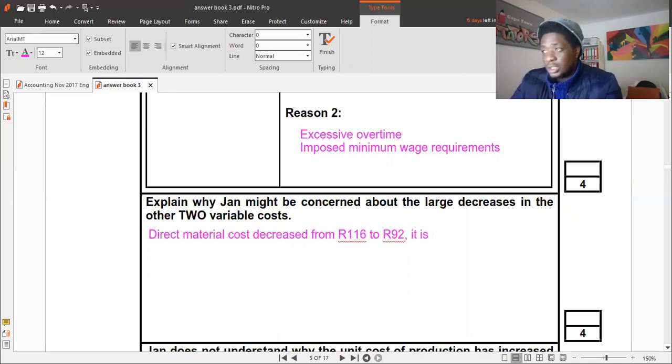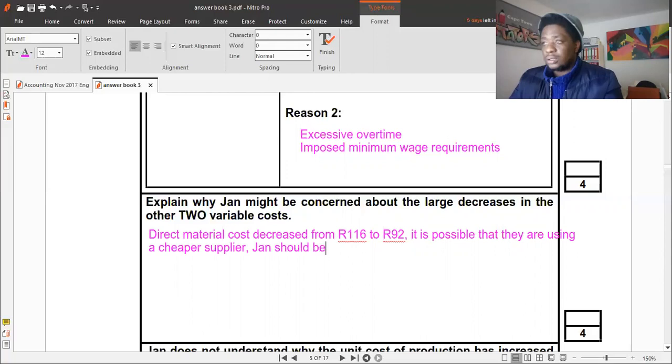It is possible that they are using a cheaper supplier. Jan should be concerned about the quality produced by cheaper material.